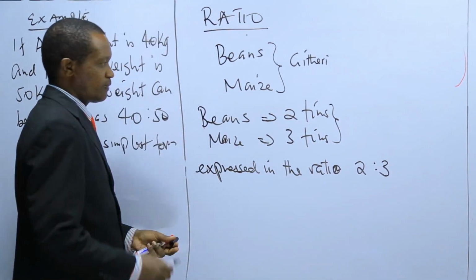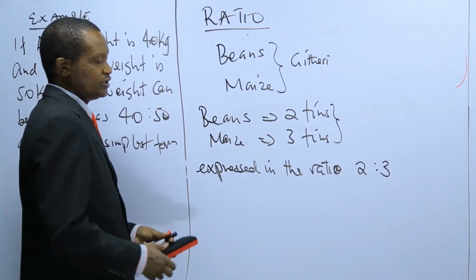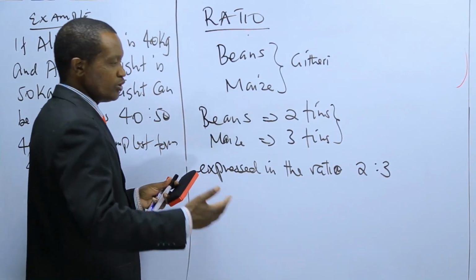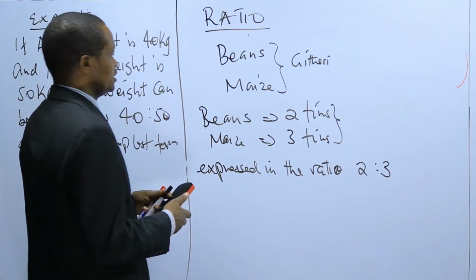So these are examples of ratios. Ratio helps us in comparing quantities or amounts.